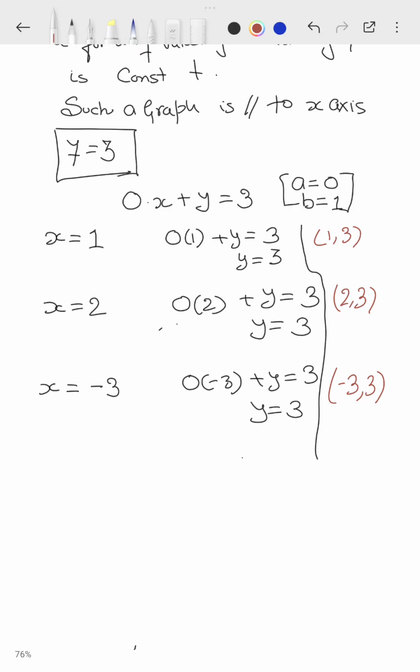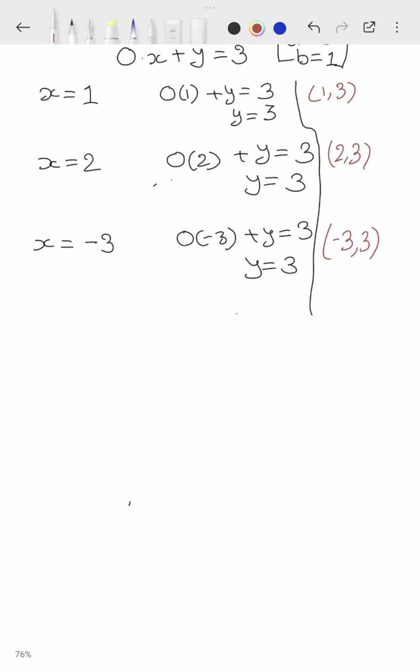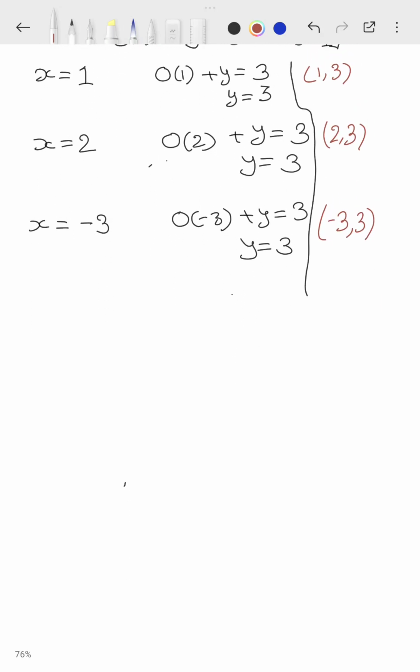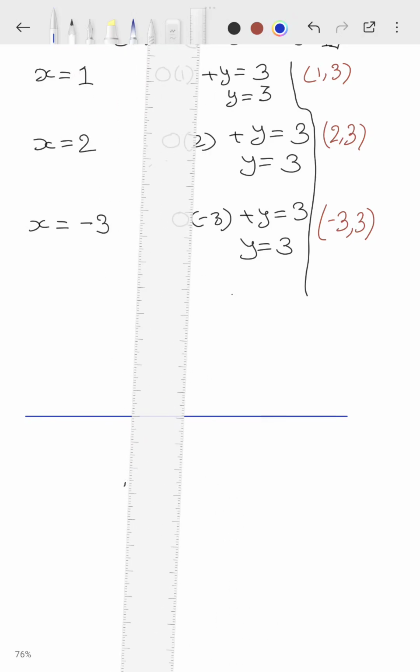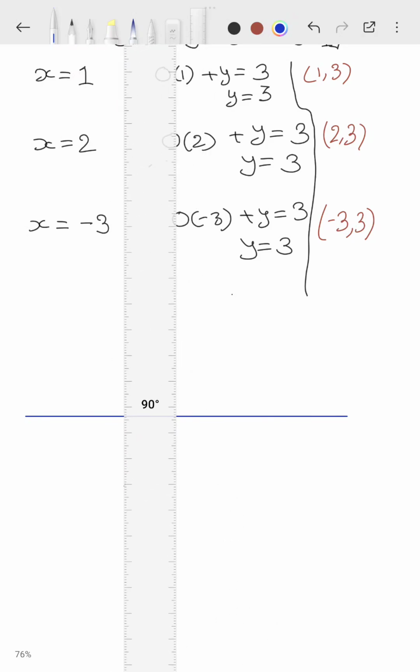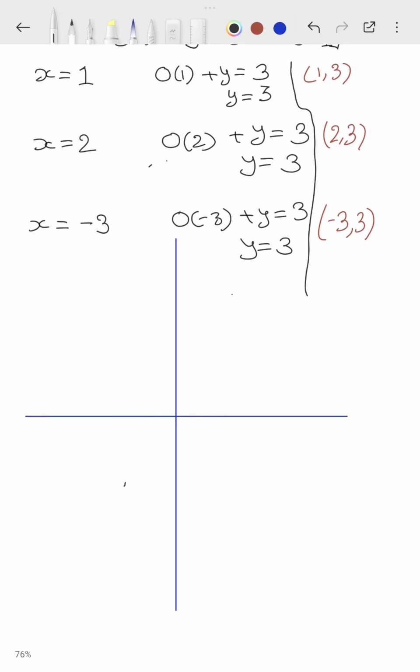Let's draw the graph for these coordinates. See, this is our x-axis, this is the y-axis.